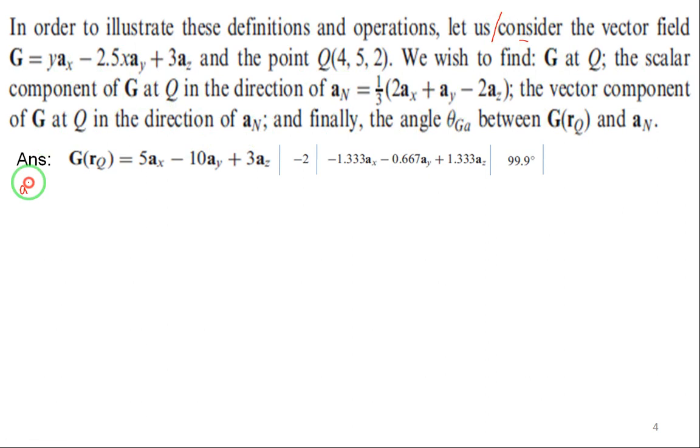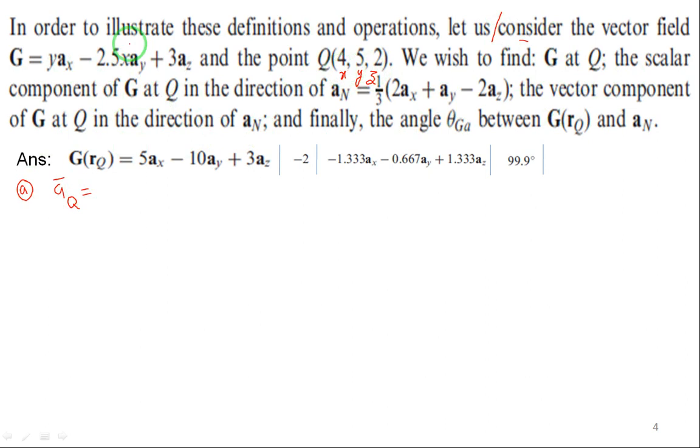So G vector is given. Part A asks to find G vector at point q. The coordinates of point q are 4, 5, 2, so x is 4, y is 5, z is 2.